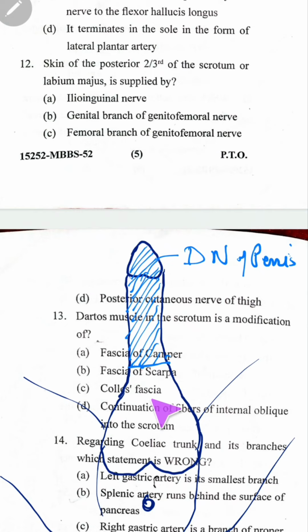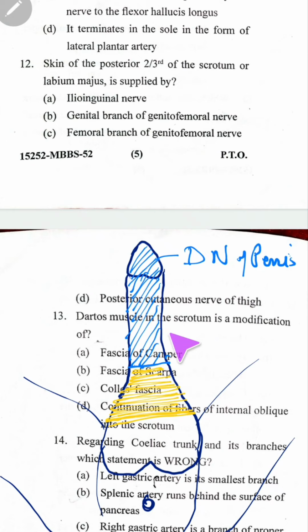Okay. Then talking about the nerve supply of the root. This is the root of the penis, the root of the penis and the anterior one-third of the scrotum.